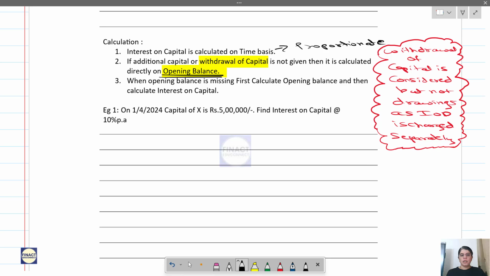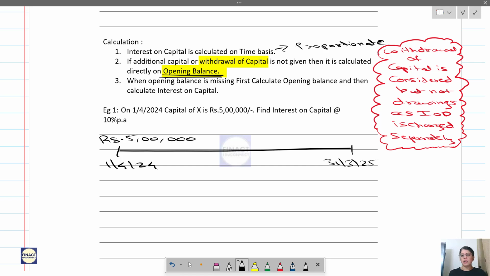Example 1. On 1st April 2024, capital of X is 5 lakhs. Find the interest on capital at 10% per annum. So understand this. As I told you, interest on capital will be on time basis. On 1st April 24, balance of the capital was 5 lakhs. So this is the opening balance. We have to calculate the interest on capital as on 31st March 25.